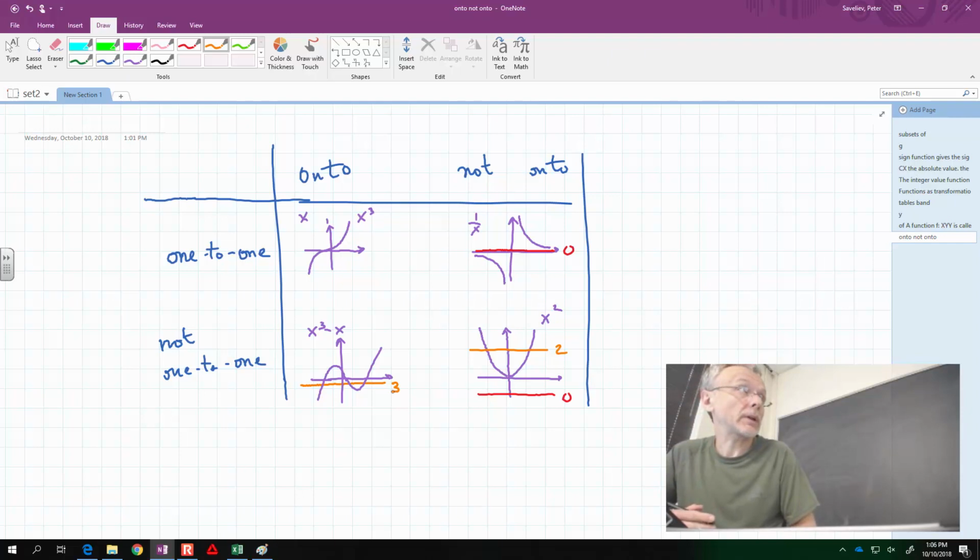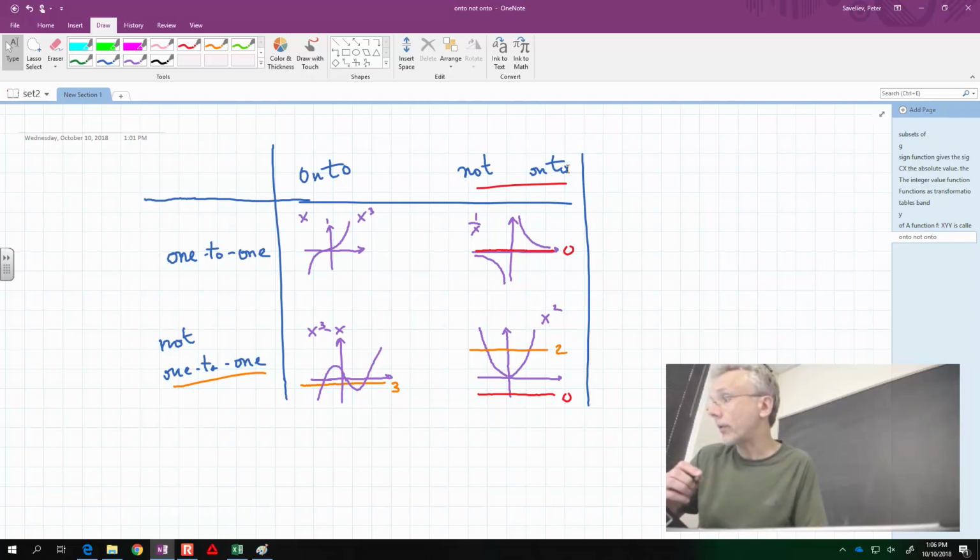So as you can see, I'm pointing out the two conditions that can be violated. The orange one violates 1-to-1, and the red one violates the onto condition. So once again, the number that accompanies the straight line is the number of intersections with the graph.